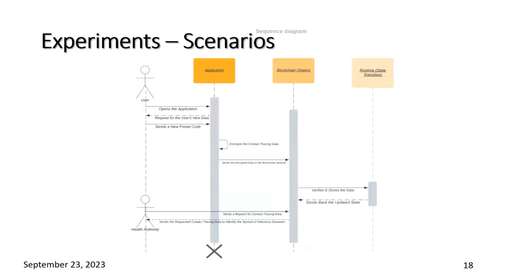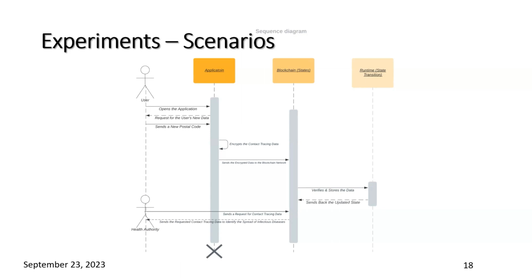So here we can see the sequence diagram of the potential use case that we were talking about so far, where user can interact with the application and send, for example, his or her postal code. Then the application is encrypting the data and sending it to the blockchain network, which is storing our states.